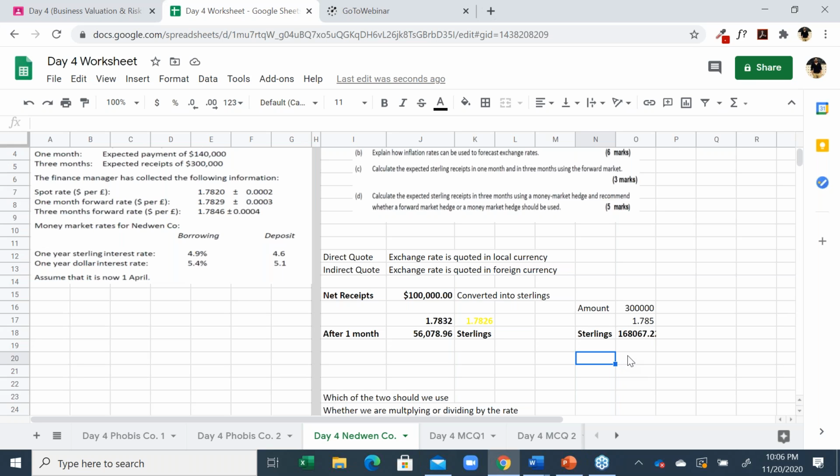Let's move towards the more interesting part. That is, calculate the expected sterling receipts in 3 months using a money market hedge and recommend whether a forward market hedge or a money market hedge should be used. So we have already calculated the amount of sterling that the company is going to get using the forward market.